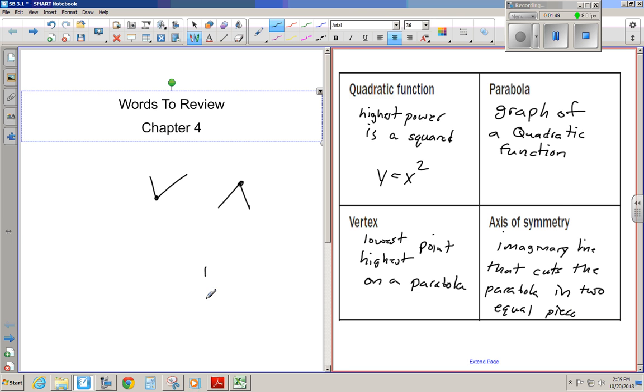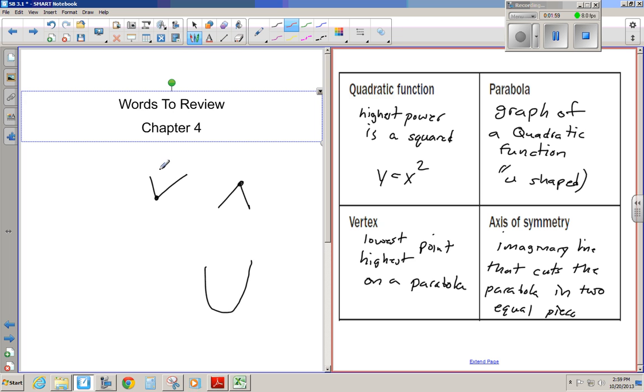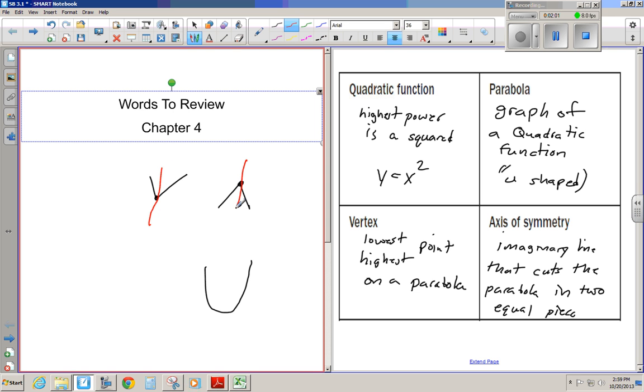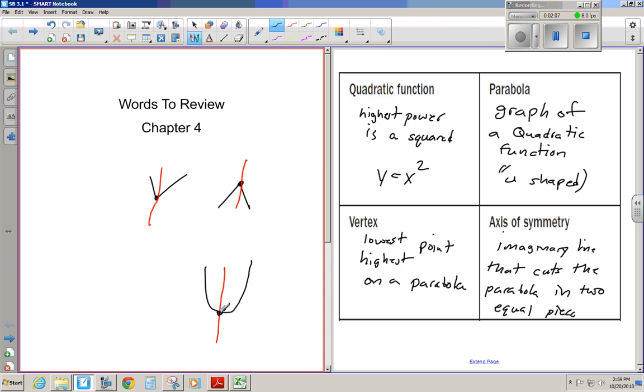All right, so here is a parabola. It's U-shaped. And just like the absolute value symbols, there's an axis of symmetry going through the vertex.